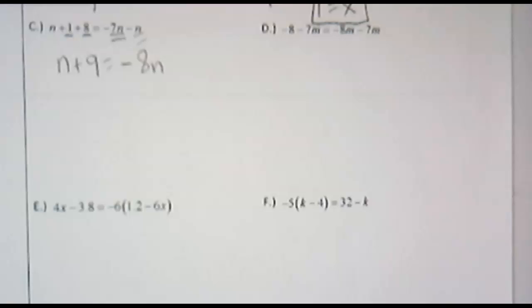This is one where I'm actually going to move the greater variable, and that's just because I don't want to make any extra steps. 1n is greater than negative 8n, and normally I would move the lesser of the two variables, but the reason I'm going to move the greater variable here is because, let's see, cancel, bring the 9 down, negative 8 minus 1 is negative 9.